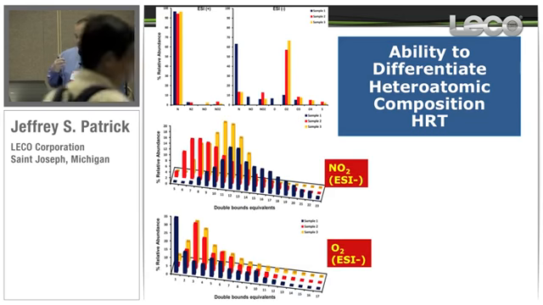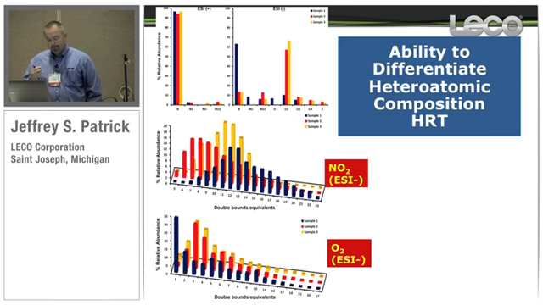And looking at them in a more visual and elaborate layout, you can see very discrete differences in this case, the NO2, where each has a very unique profile. And then here for the naphthenics, again, as a plot of double bond equivalence, how does the distribution relate?